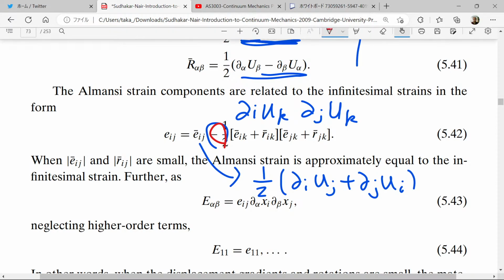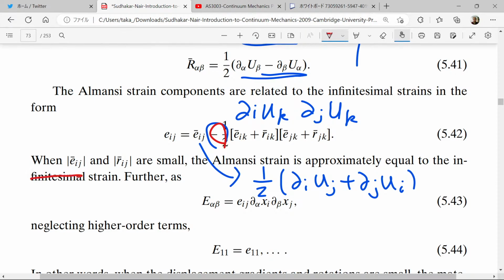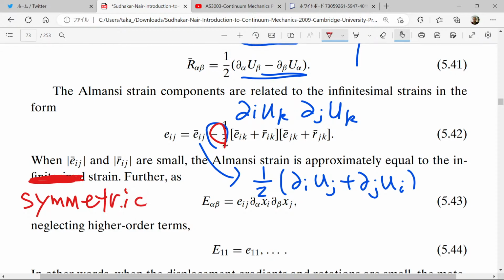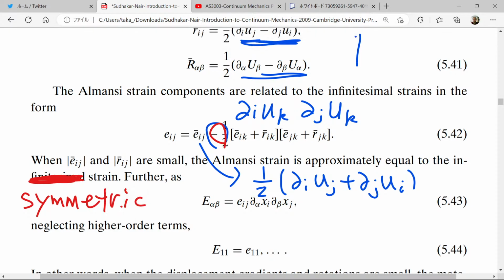I think this is a typo. Approximately equal to the symmetric strain. And this small is more like infinitesimal.